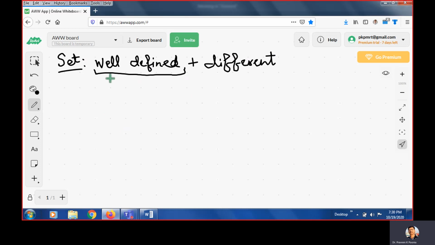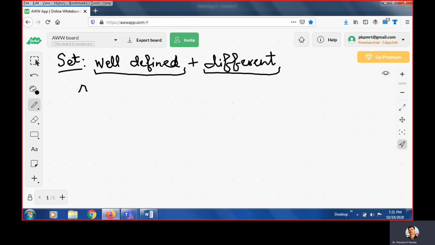So it should be well defined. And another thing: all the objects inside the set must be different. So there are two things while we are studying a set.